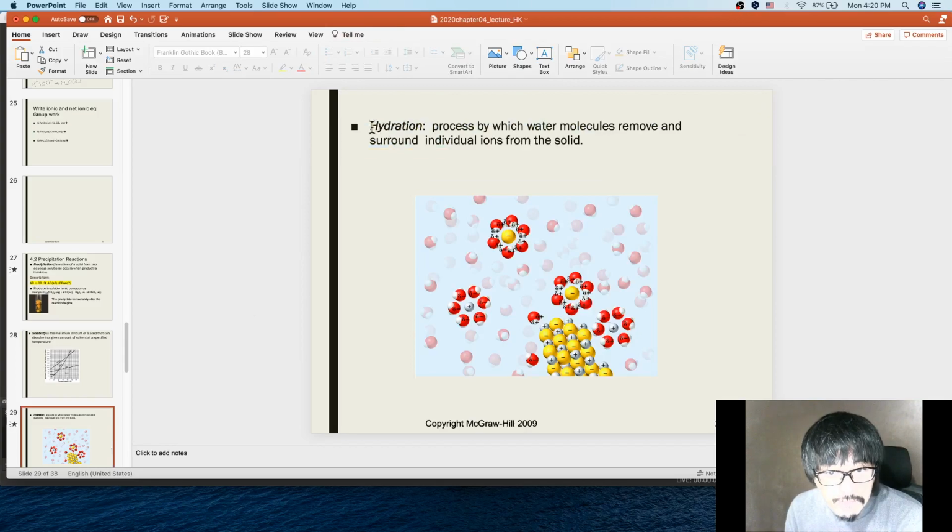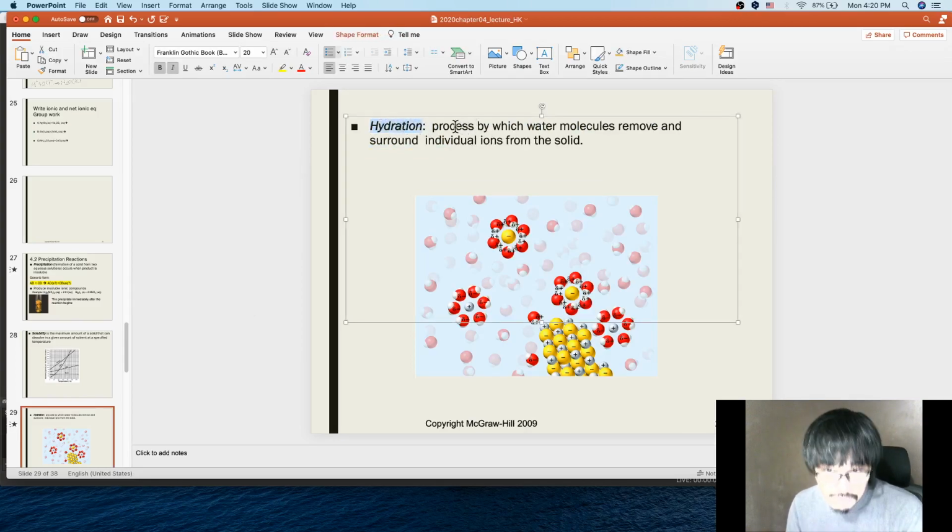And some definitions: hydration is a process where, for example in this particular case, you have a solid here, maybe NaCl, and that can dissolve into the water.